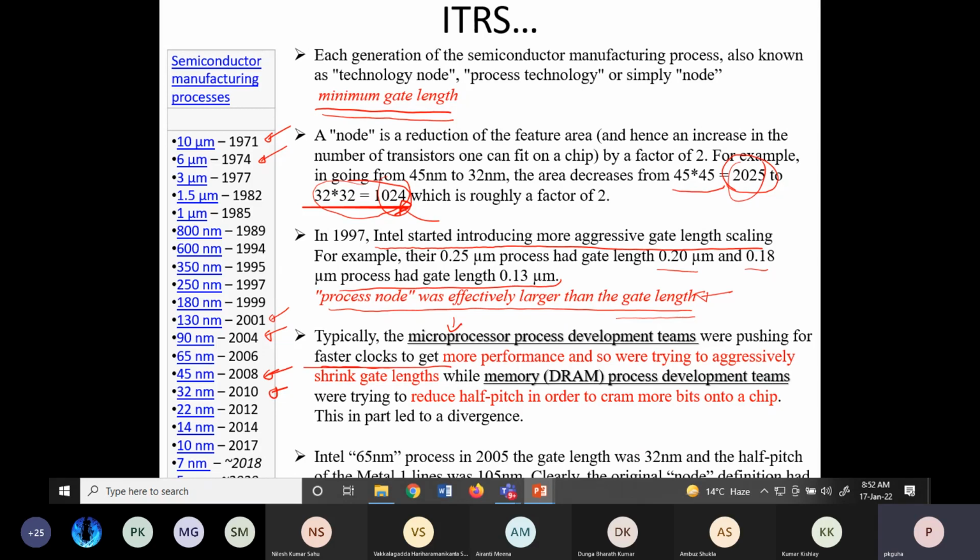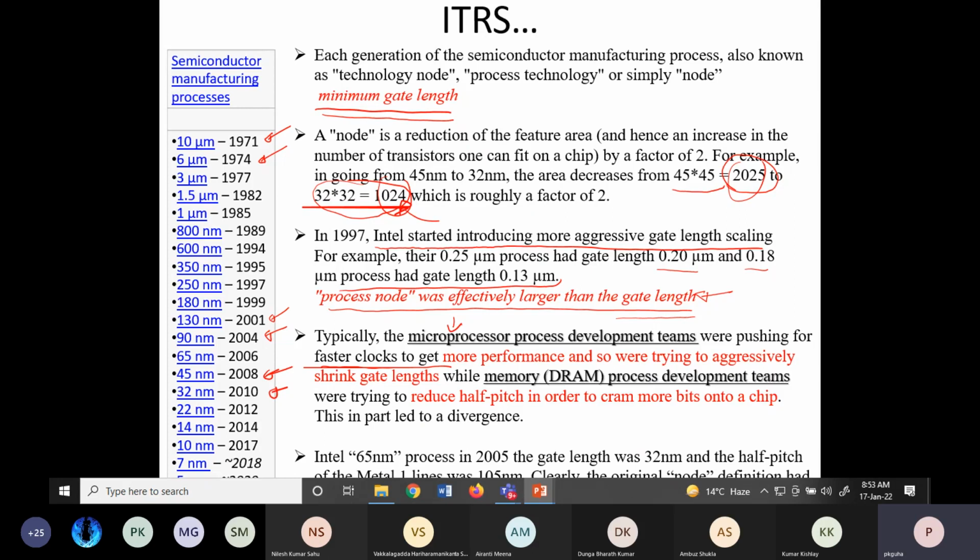So that's basically the clock speed. So one was the microprocessor developing group, pushing for faster clocks to get more performance, and so they were aggressively shrinking the gate length. You have to reduce the gate length to make the device faster, right? So they were pushing the reduction of the gate length.